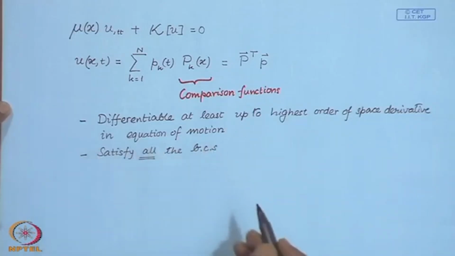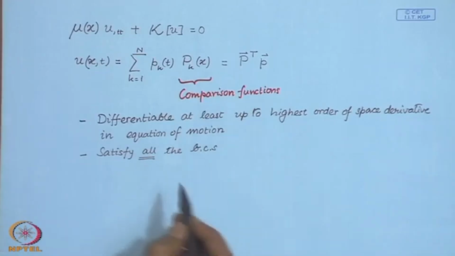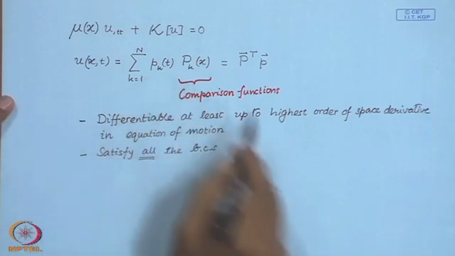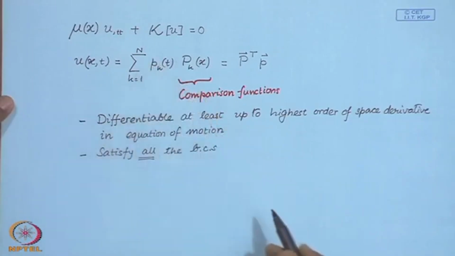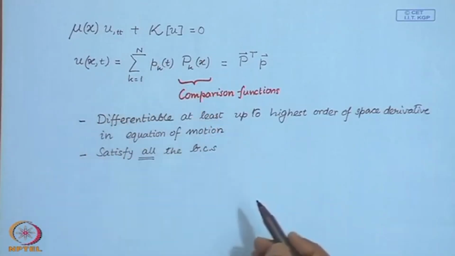This is very important to note, that these functions must satisfy all the boundary conditions of the problem, and this actually makes this method a little more difficult to apply compared to the energy based techniques where we were using admissible functions. So, we expand our field variable in terms of these comparison functions and unknown coordinates of time.